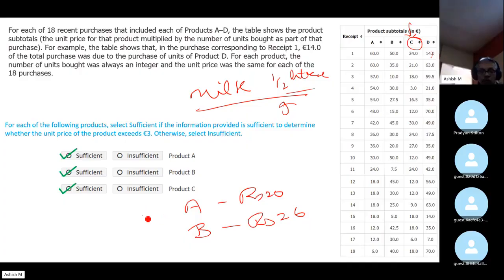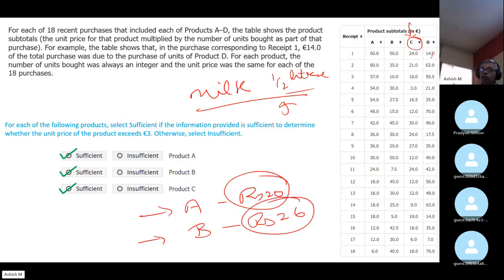Now, if these two pieces of data are given to you, that customer A paid a total of 20 rupees for whatever milk she bought, and customer B paid a total of 26 rupees for whatever number of pouches she bought, then what can we conclude? Clearly, the cost of one pouch cannot be greater than 6 rupees.